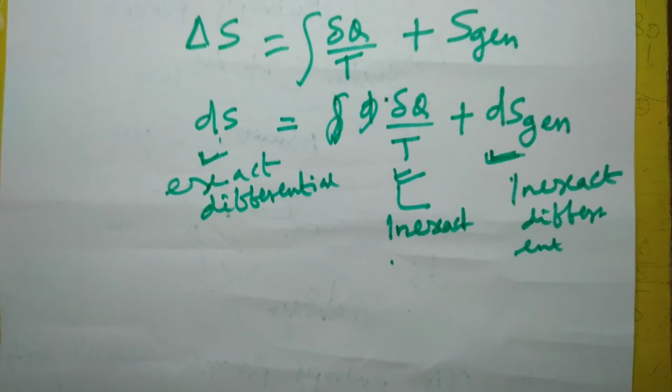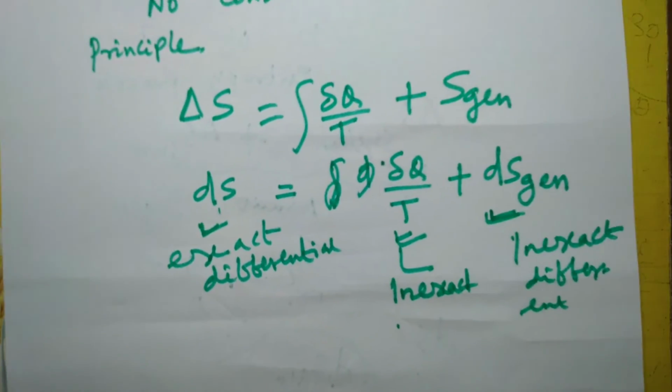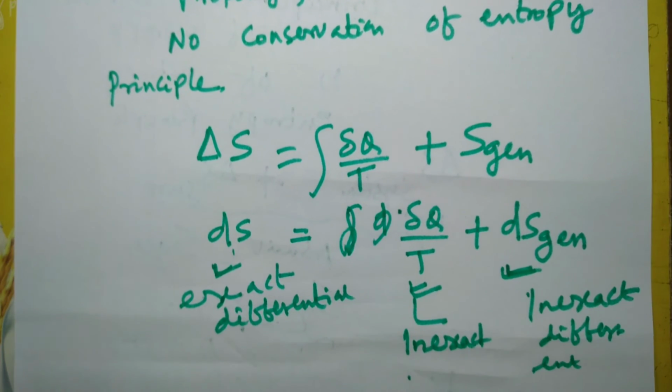So by using the entropy principle, we can decide whether the process is feasible or not by calculating the entropy change of both system and surroundings and then adding them. If we find that value is positive, that means the process is feasible, and of course if it is 0, that means it is reversible.